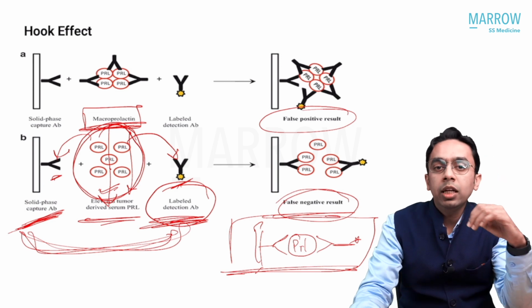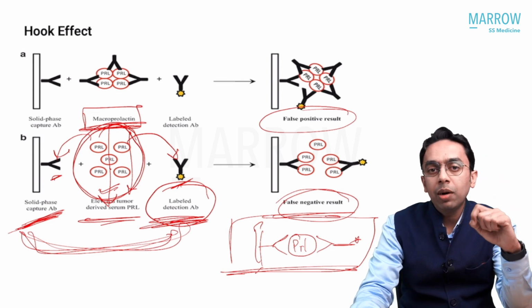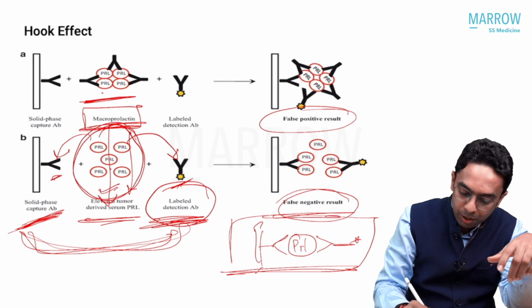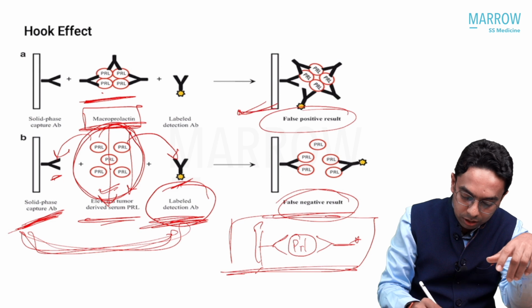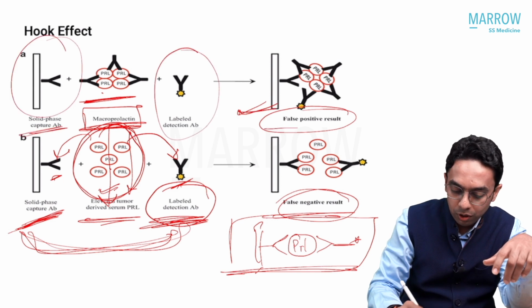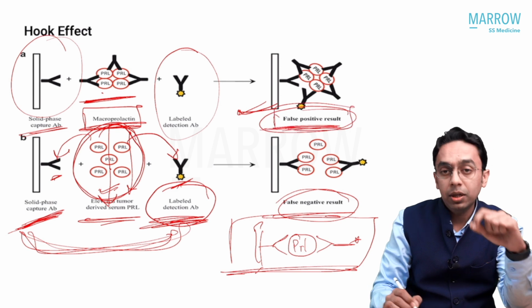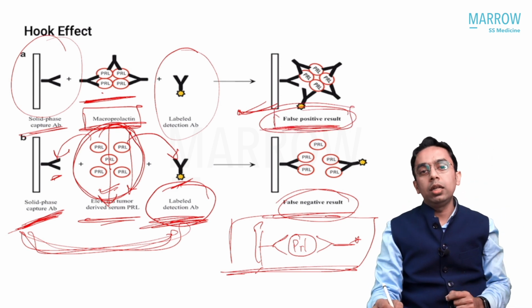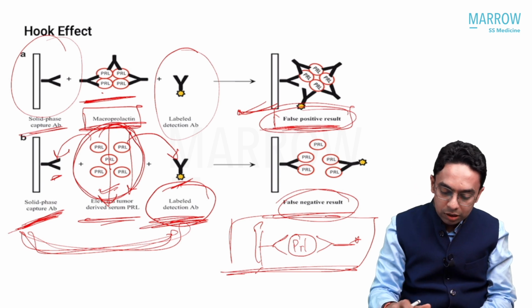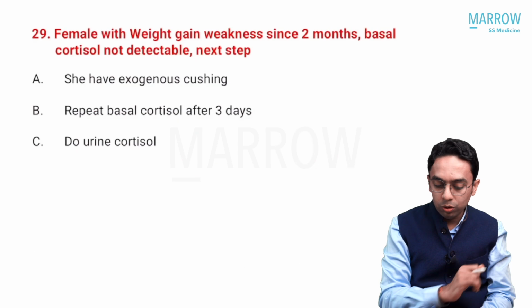So it will remain in your blood but will not be biologically active. This prolactin will be picked up by your labeled antibody and the solid phase capture antibody, and you will have a false positive result. But this macroprolactin is biologically inactive prolactin. Okay, so these are two important concepts I want to tell you here.